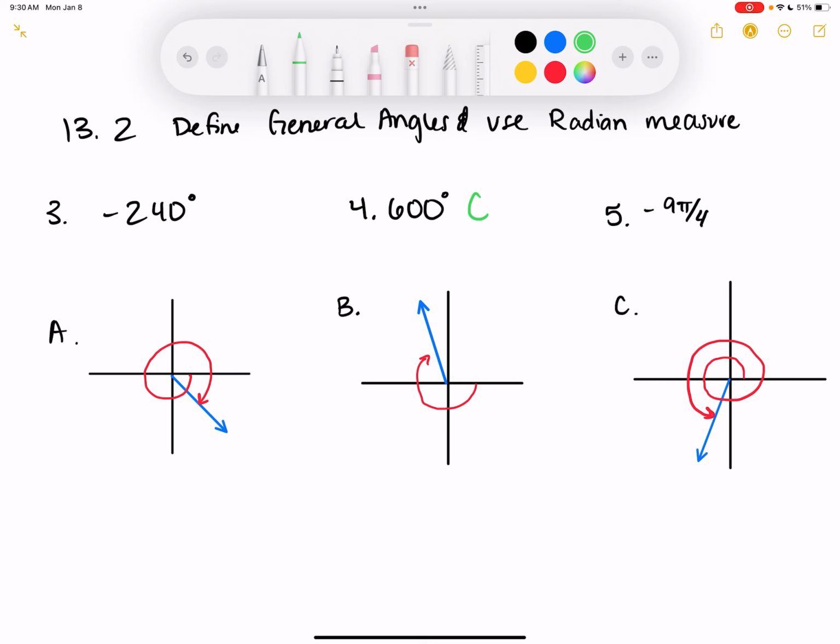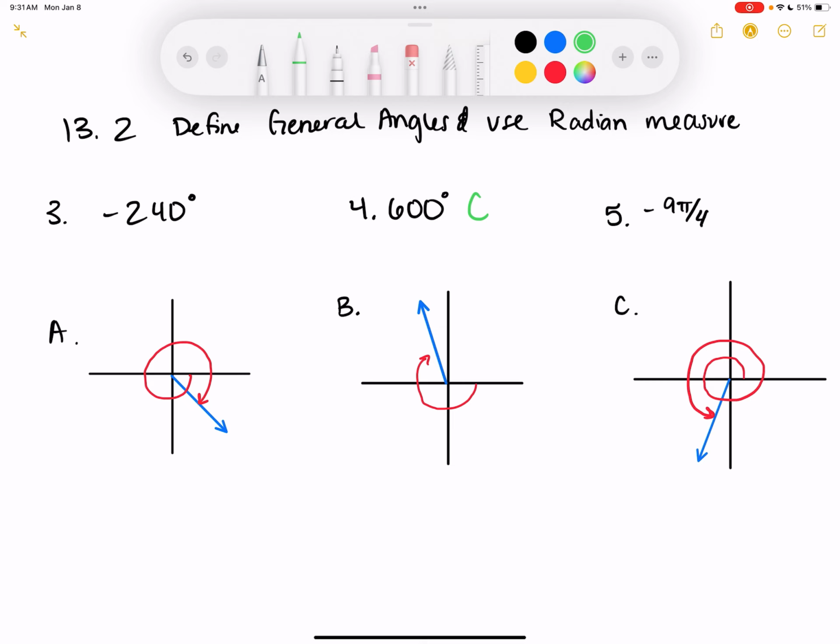So for the negative 9 pi over 4, we would be negative pi over 4, negative 2 pi over 4, negative 3 pi over 4, negative 4 pi over 4, negative 5 pi over 4, negative 6 pi over 4, negative 7 pi over 4, negative 8 pi over 4, and then down here, negative 9 pi over 4. So finishing up over here in this quadrant. So which one would that be? A or B?